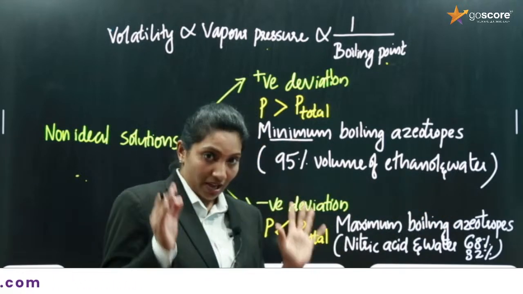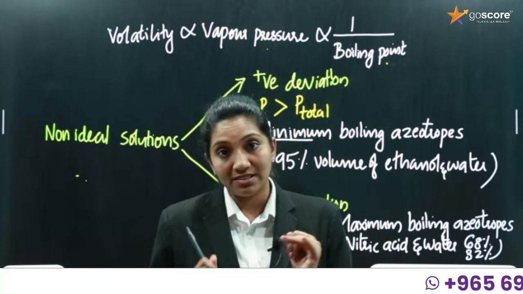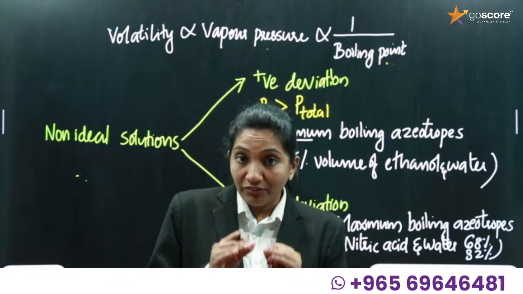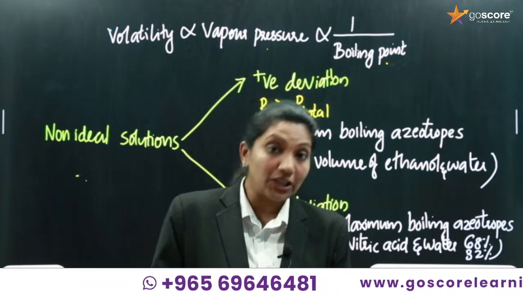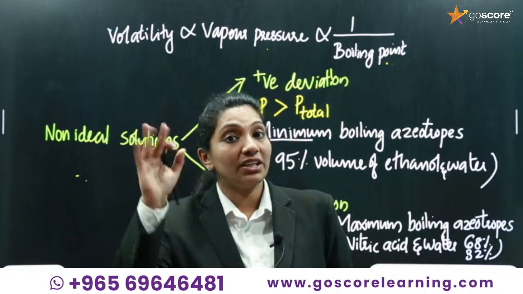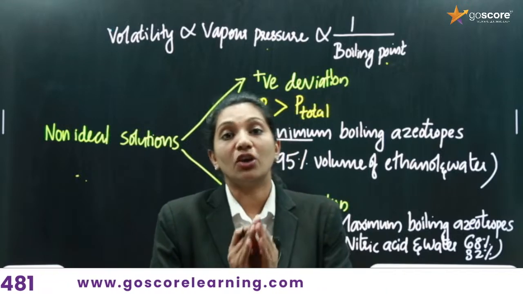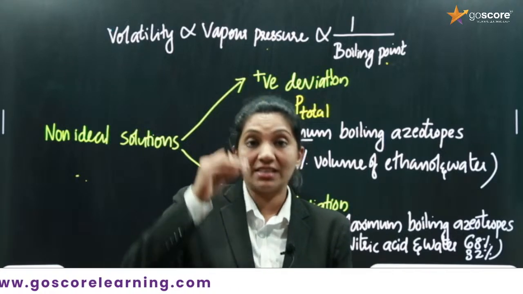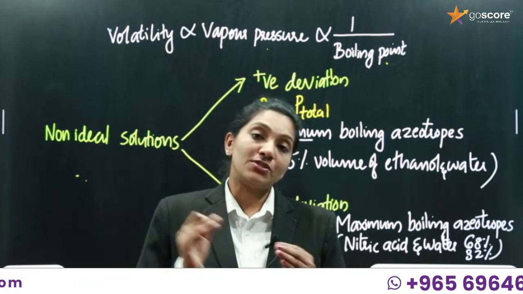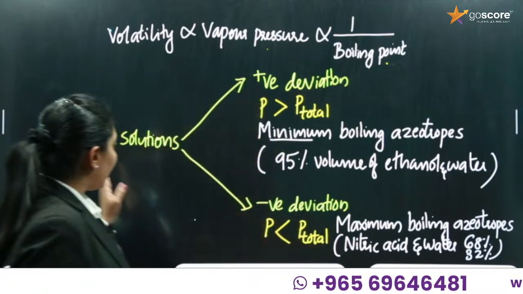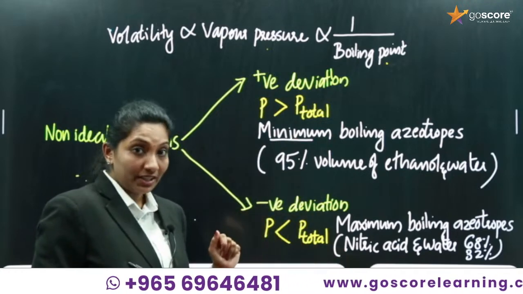So, azeotropes, I have told you, are binary solutions and we cannot separate the components by fractional distillation, and also the mole fraction of the component in the liquid phase is equal to the mole fraction of the component in the vapor phase. Okay, so the azeotropes we can categorize into two types, that is minimum boiling azeotropes and maximum boiling azeotropes.